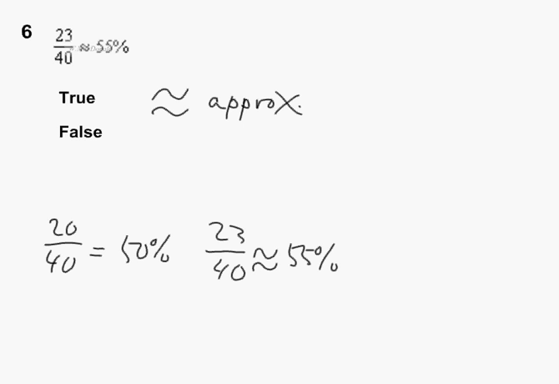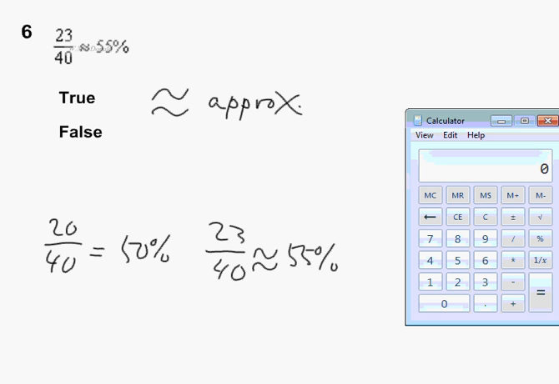And a lot of people didn't use that logic. They went to their calculator and went 23 divided by 40, and it told them 57.5%. And they're saying, well, that's not 55%, but that's not what it says. It doesn't say it's equal to. It says approximately equal to. And therefore, this is true, because 55% is pretty close to the actual answer of 57.5%.